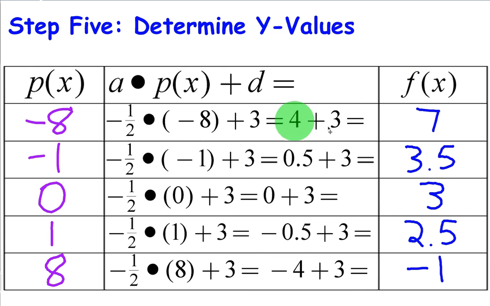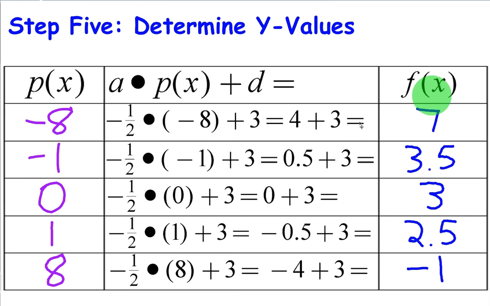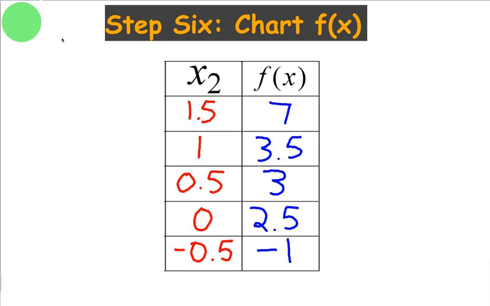And again, I like to show two steps here. Negative 1/2 times negative 8 is 4, plus 3 is 7, and do that for each and every row. And I'm going to get a new set of y values that are going to be my f of x values. So all you have to do is do x minus c over b to get your new x values from your parent values, and then do a times p of x plus d to get your new f values that come from your parent values.